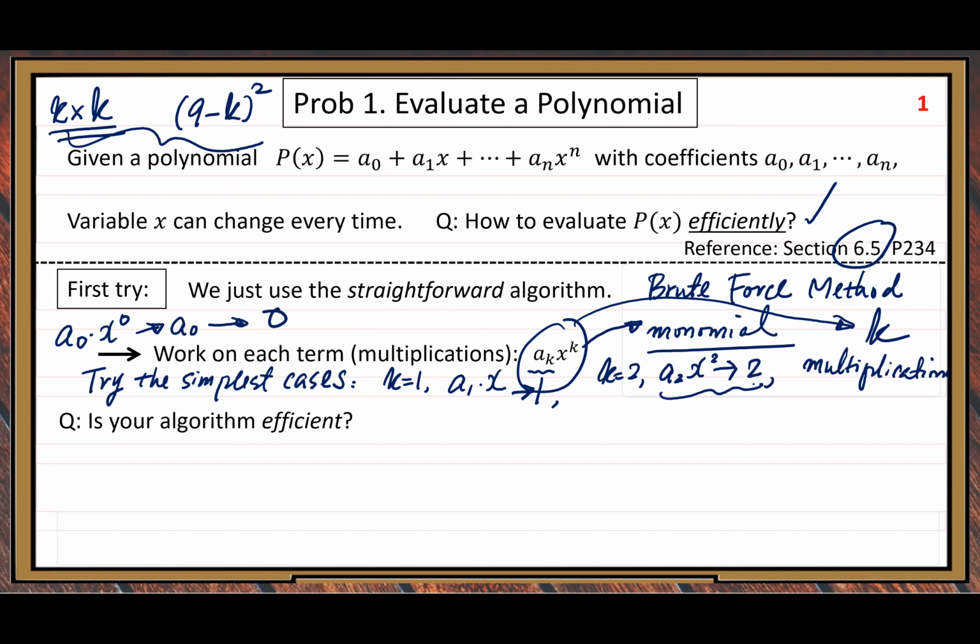The question is, is that the fastest possible way? Because our goal is to find the fastest possible solution for this problem. The way we're doing here may not be the fastest. Can you think about that? Is there another possible way we can do a little faster? Can you imagine that? So here we have a chance to think about that question. Can we do a little better than what we are doing here?